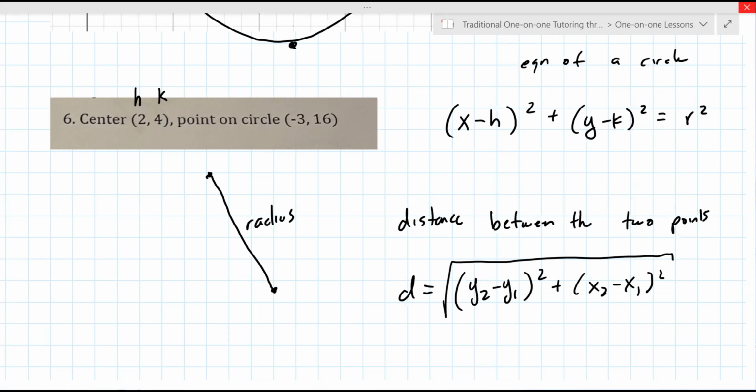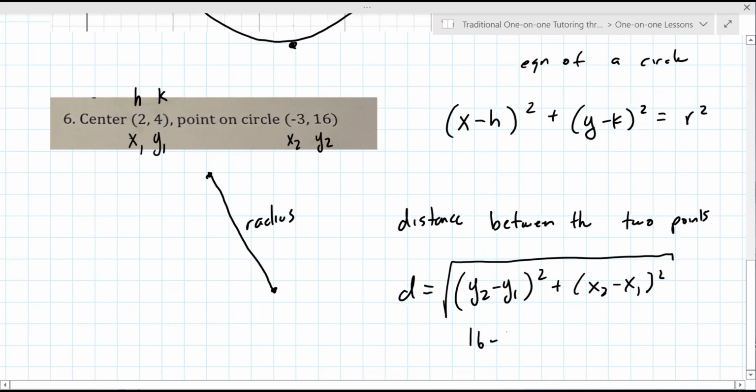Yeah, so that's where we have to complete the square. What this one does is it allows you to find the distance between the center and a point on the circle. So let's just do it real quick. The ordered pairs are x1 and y1, and then x2 and y2, and you're just putting those into the formula.